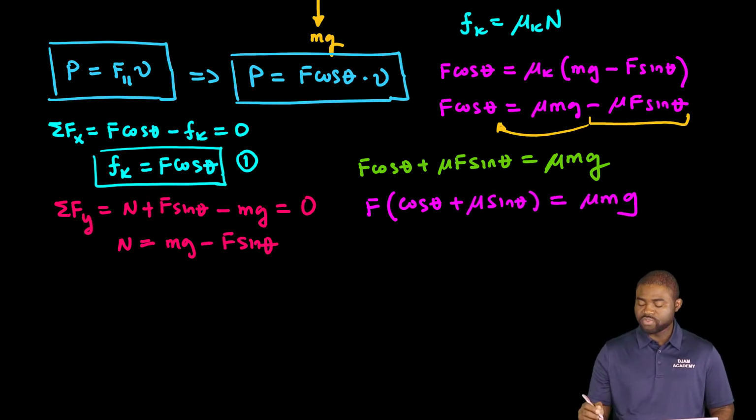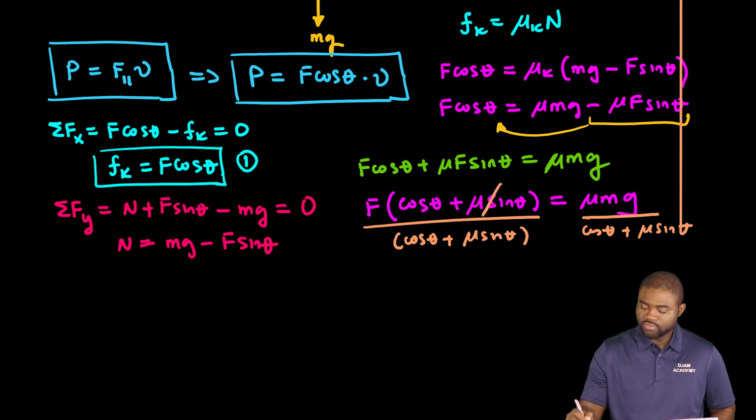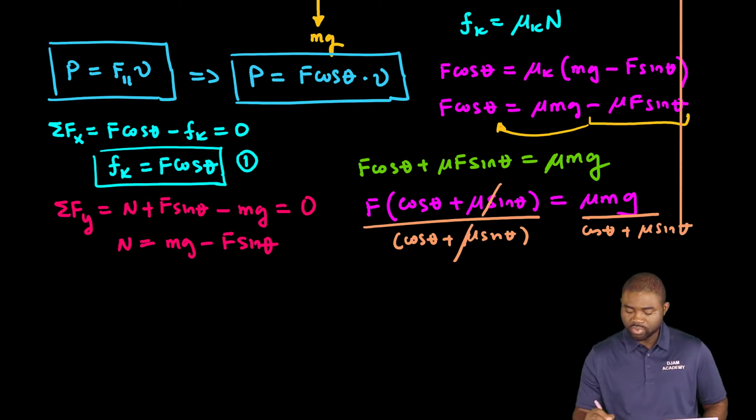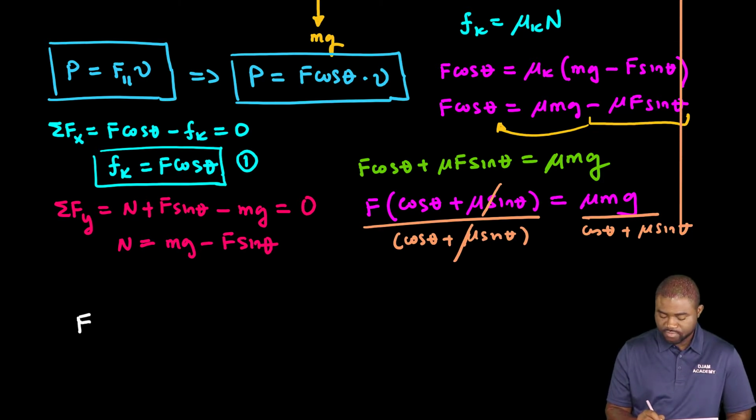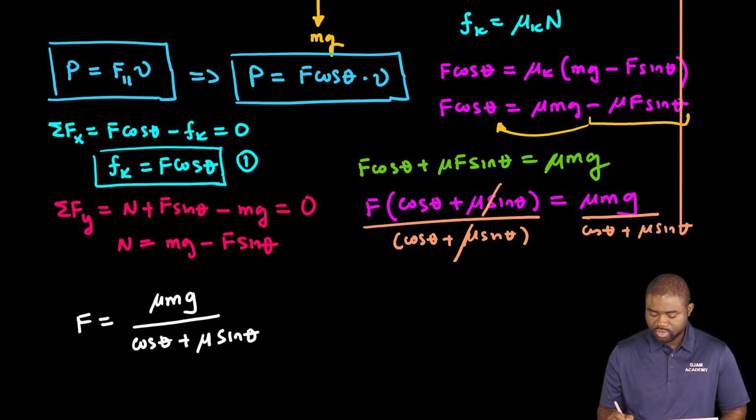We can divide both sides by cosine theta plus mu sine theta, and we will end up having F equal to mu mg divided by cosine theta plus mu sine theta.